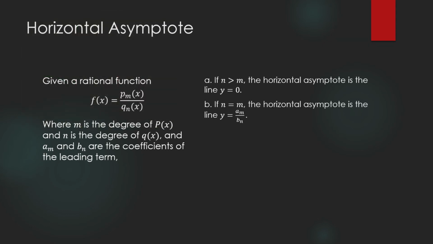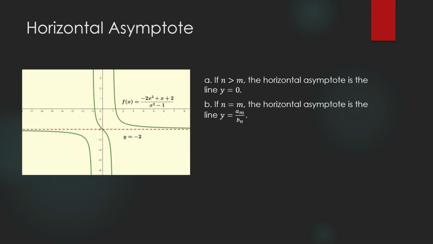The second condition, when n is equal to m, when their degrees are the same, the horizontal asymptote is the line y is equal to a sub m divided by b sub n. So the degrees of our numerator and denominator are the same.